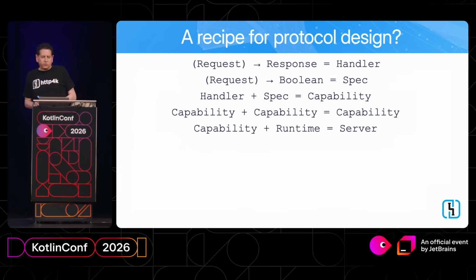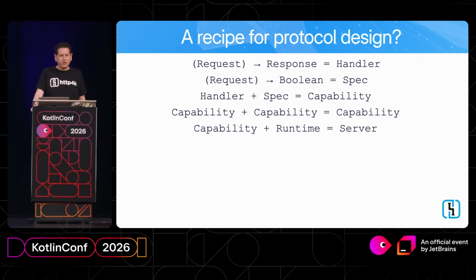And over the years, we found what we thought was a recipe for protocol design. We started with HTTP, we then did WebSockets, and we eventually did service events. Those were the 3 base protocols that we supported before MCP came along. And effectively, we came up with a recipe. So we would define a protocol handler type that took a request and returned a type of response.